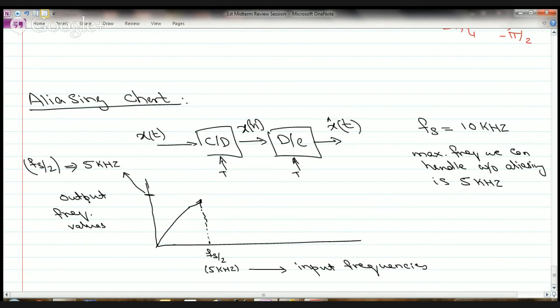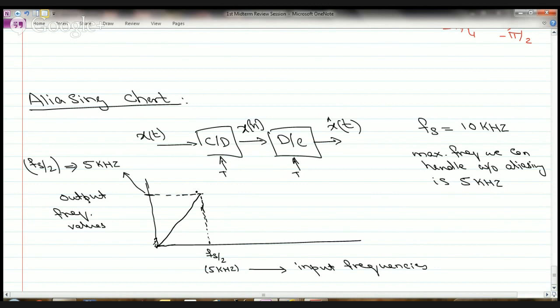Now, once your input frequency hits 5 kilohertz, you cannot go any higher. Okay, this is your output frequency. So once you hit 5 kilohertz, you cannot go any higher. My pen is right now deciding to really mess up, so I'll give it one more try.